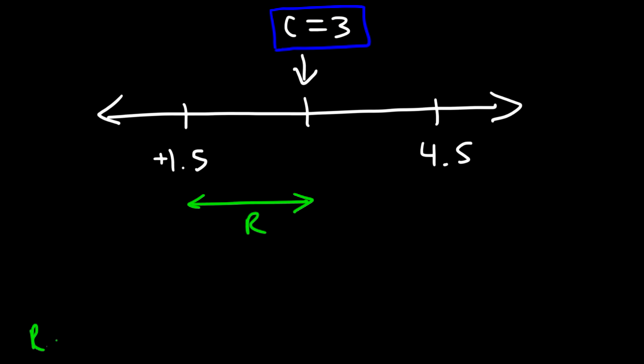And so we said r is 3 over 2, which is 1.5. And so that's the distance between 3 and 1.5. And it doesn't include the endpoints. So the interval of convergence is between 1.5 and 4.5, but it does not include 1.5 and 4.5 itself. And so that's it for this problem.